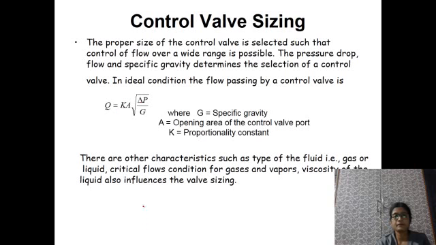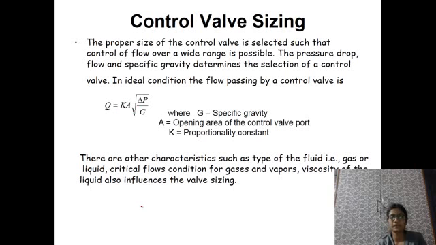And there are other characteristics such as the type of fluid, that is gas or liquid, critical flow conditions for gases and vapor, and viscosity of the liquid; all these factors influence the valve sizing.